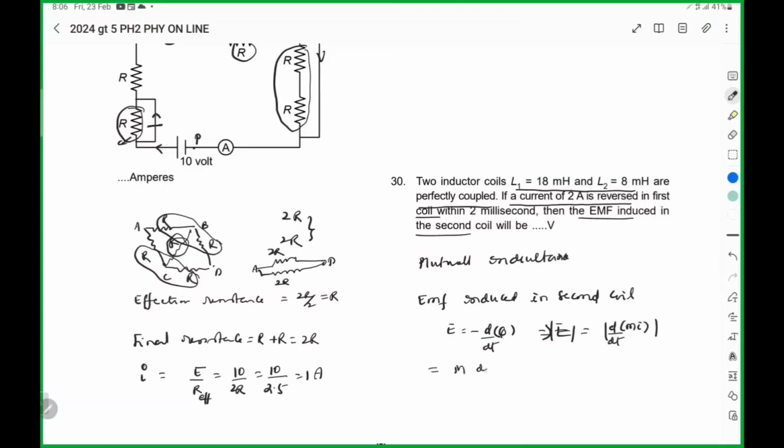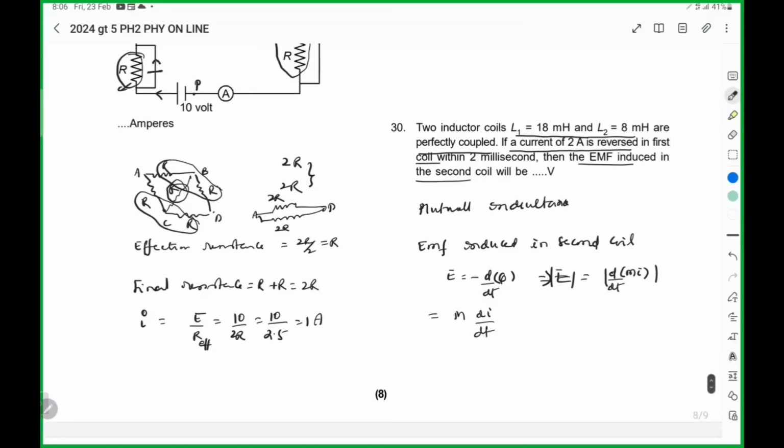M stands for mutual inductance, M di by dt. Here the current is reversed. Here di means change in I. Originally current flowing in this direction, it gets reversed. Change will be minus 2 minus of 2, by dt.